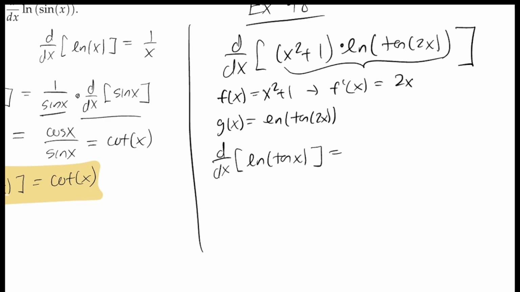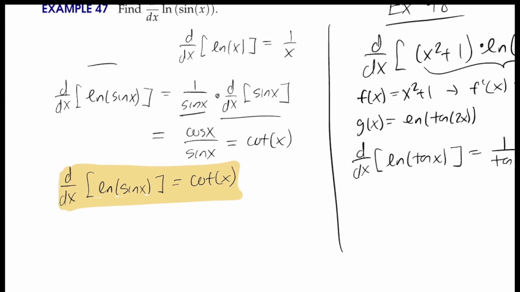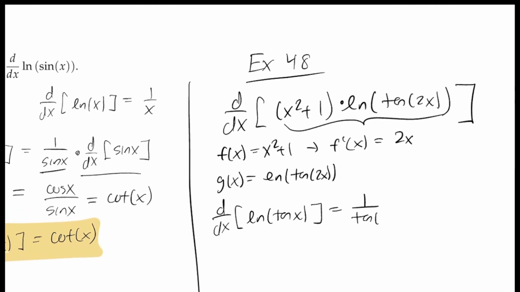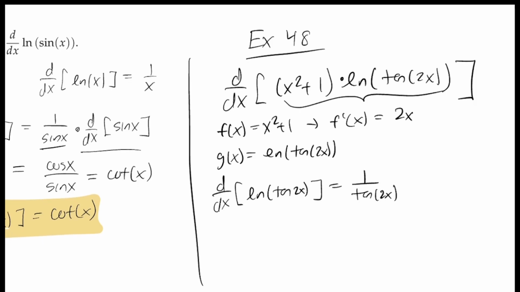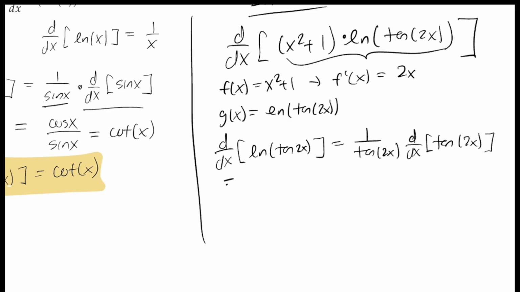Okay, the natural log rule says, hey, take 1 over whatever your argument is. So, sorry, this isn't tan x, it's tan 2x. So 1 over tan 2x. And then, because of chain rule, I need to multiply that by the derivative with respect to x of tan of 2x. The derivative of tan is something you guys should know.